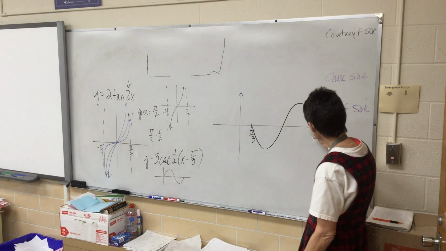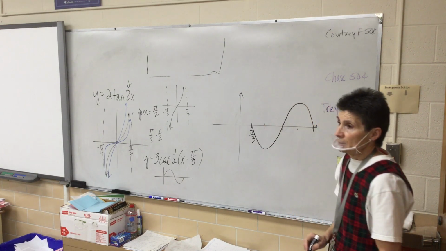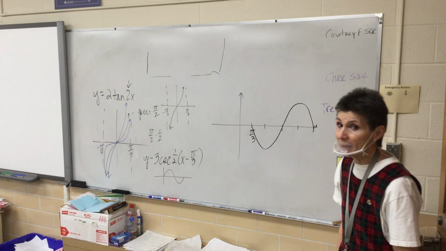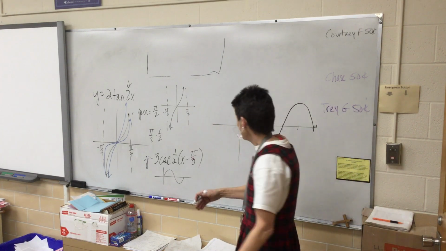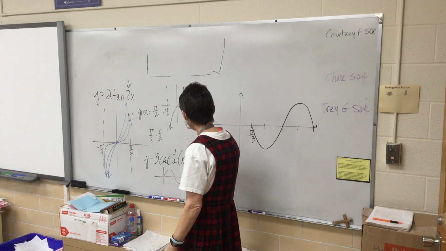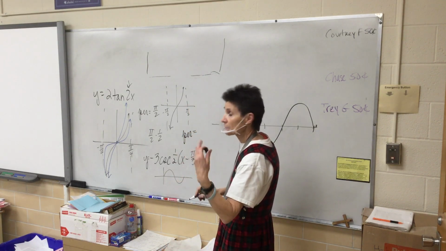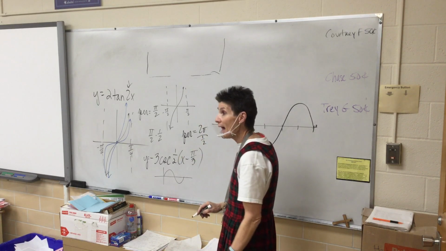And now I need to label all this stuff. So I can't begin to do that until I know what my period is. I have to know what this distance is. So I know that for a regular sine curve, the period is 2 pi. This one has been divided by a half.